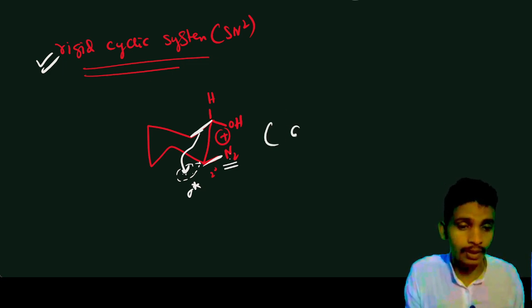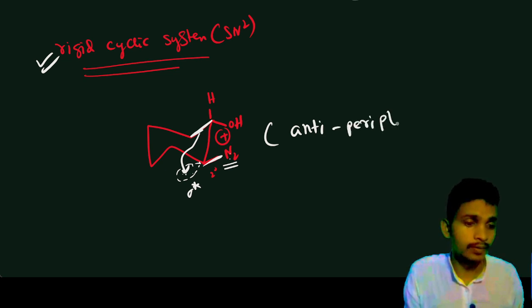This is called the anti-periplanar relationship.